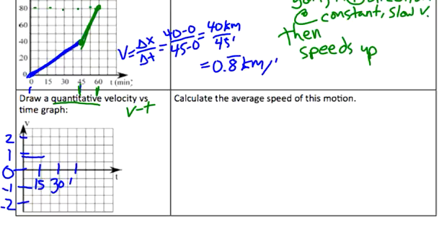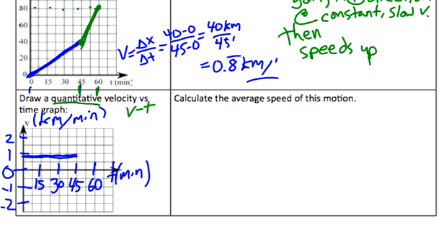This is 45 minutes. And this is 60 minutes. Put my labels on it, just like it asked me. And there's my velocity, kilometers per minute. And I want to hold this velocity, it stays constant until the 45th minute, right there.